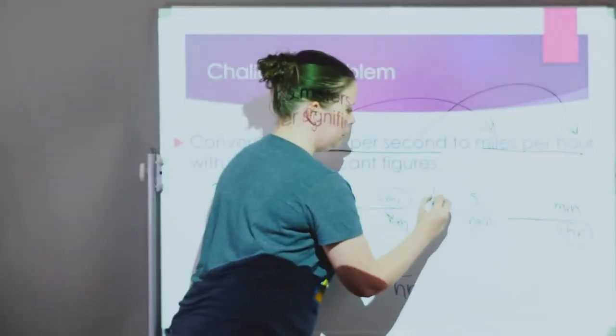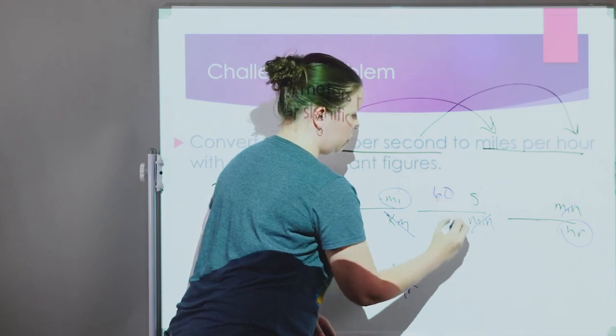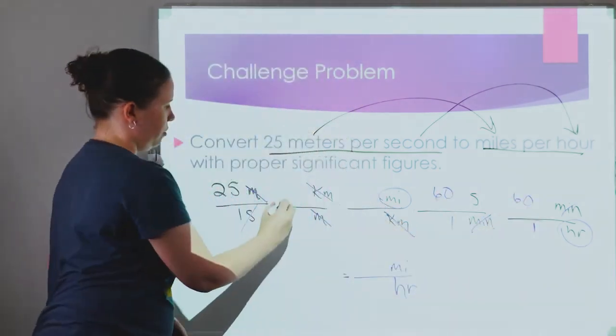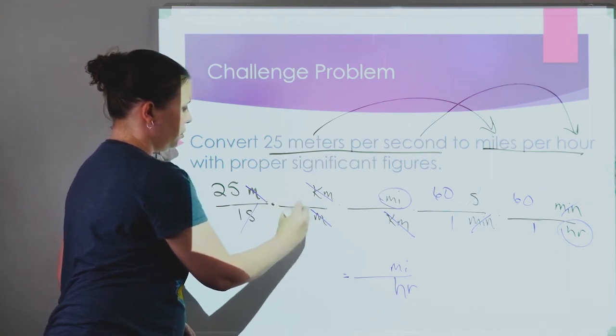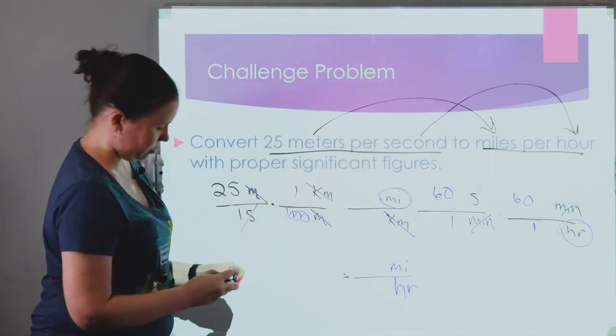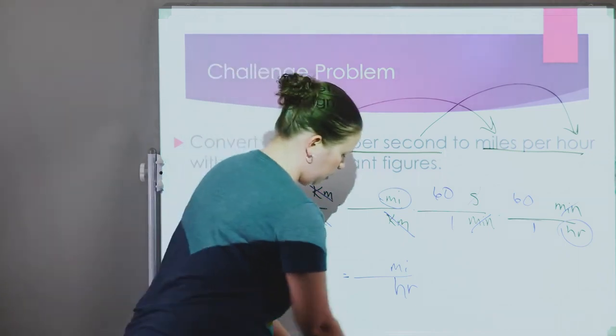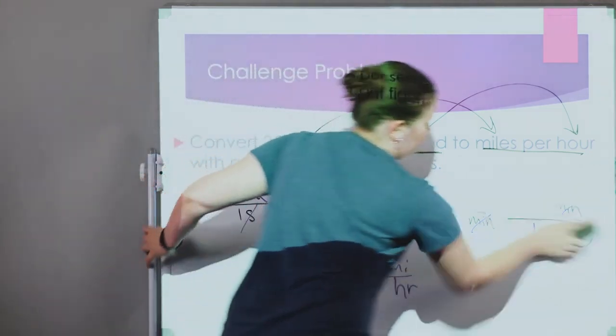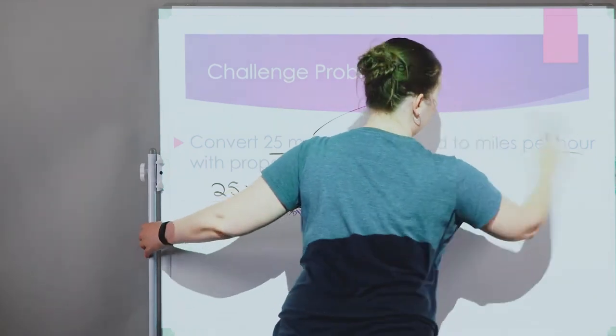Once you know your setup is good, you can go ahead and plug in your numbers. For example, 60 seconds per minute, 60 minutes per hour, 1,000 meters per kilometer. I don't know miles to kilometer off the top of my head, but I have it on the PowerPoint, so let's give it a second and we will pull up the math here.